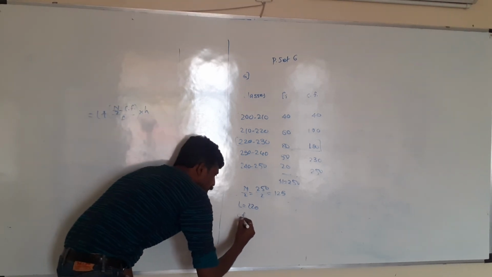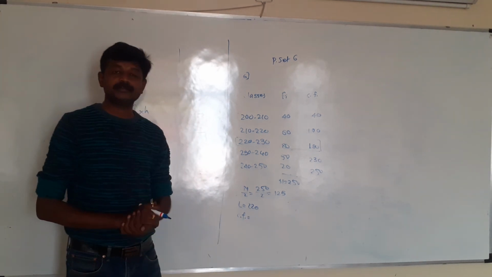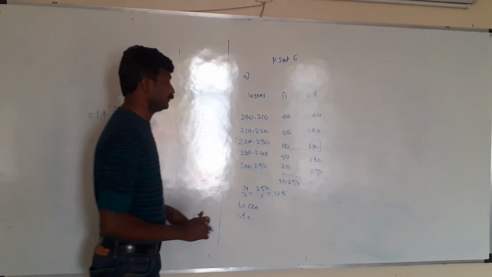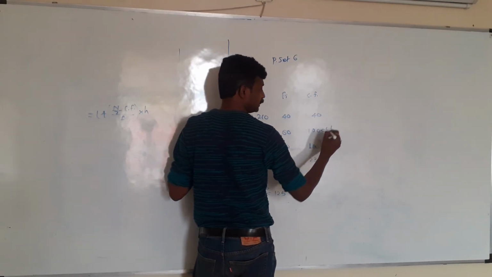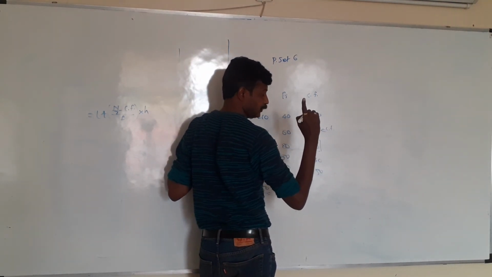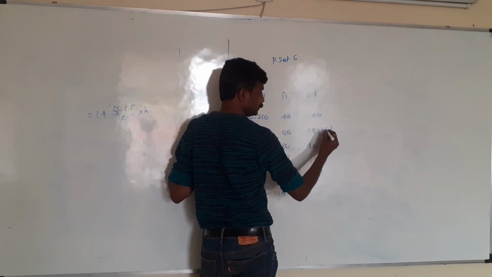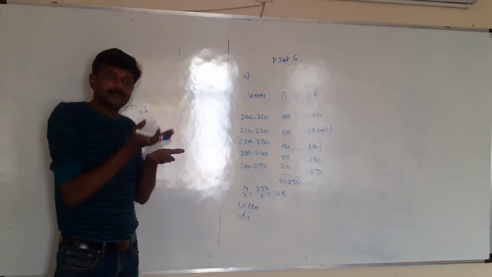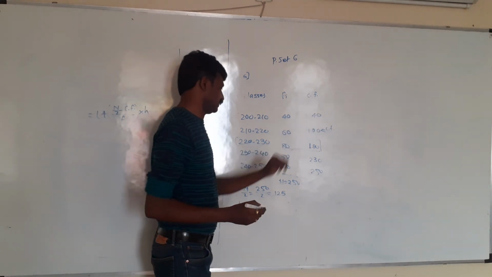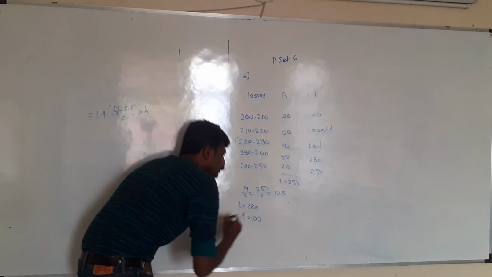CF is the value of which? Cumulative frequency of the median class? No. CF is the cumulative frequency of the previous class of the median class, not of the median class. Very important point. Here it is 100, CF will be equal to 100.